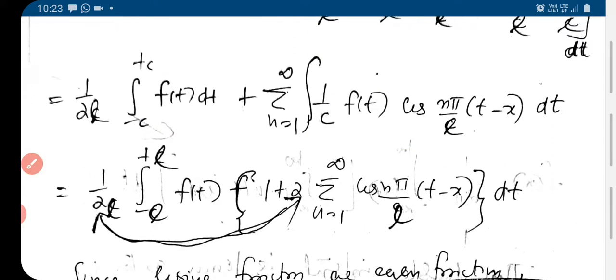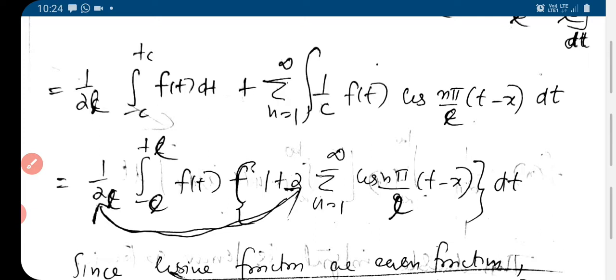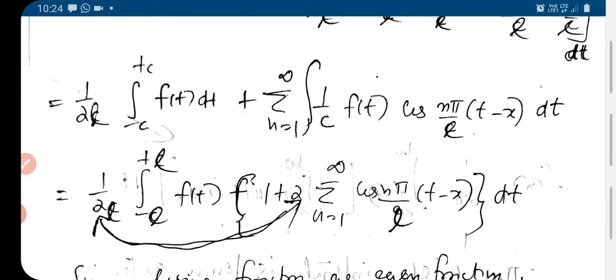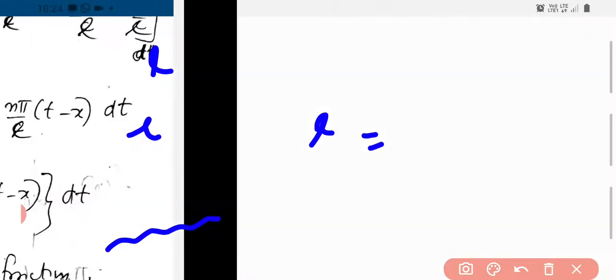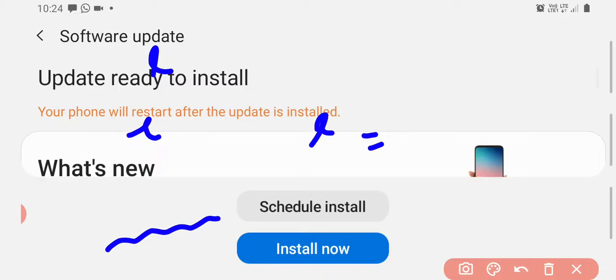Okay, so once we have that, when we look at here, we have the integral of f of t. Here also we have this. So I am taking 1 by 2L integral minus L to plus L f of t as common factor. Okay, 1 by 2L integral minus L to plus L f of t is taken as common factor from this.